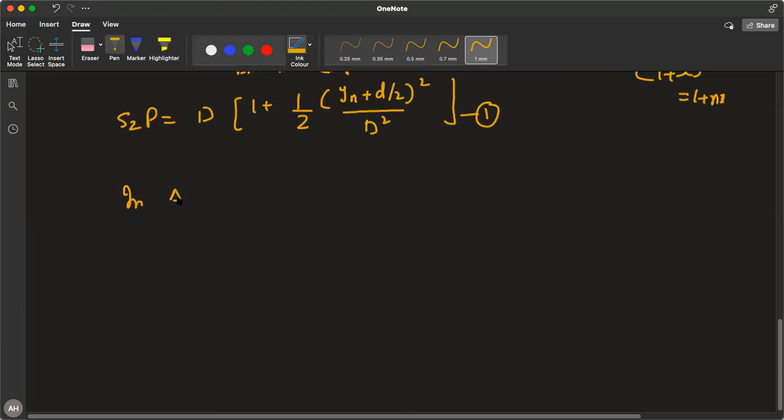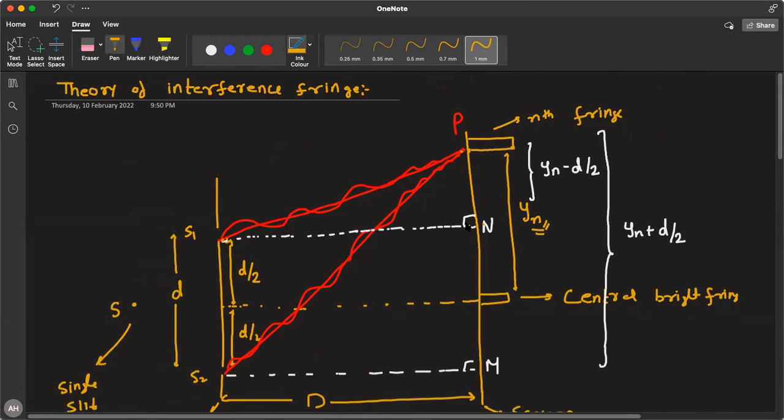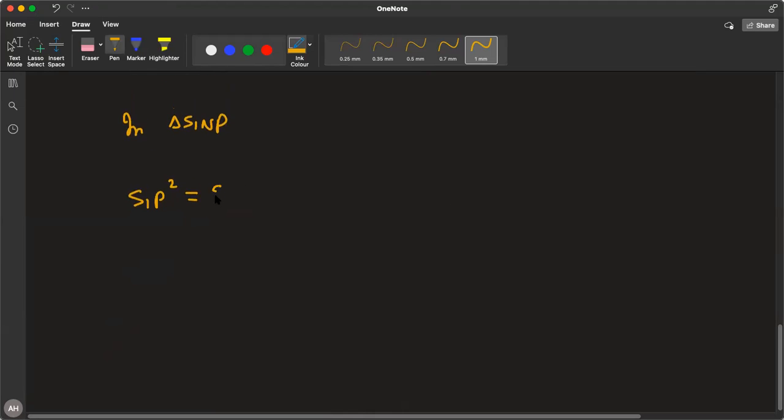Yes. In triangle S1NP, you can write that S1P square is S1N square plus PN square. So you can write that S1P is (S1N square plus PN square) to the power half.